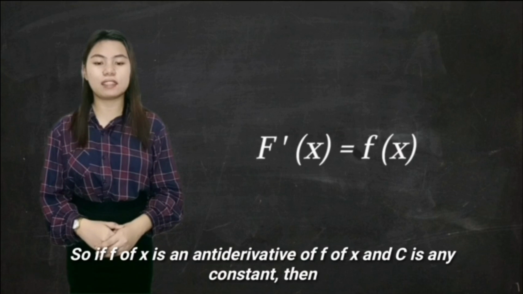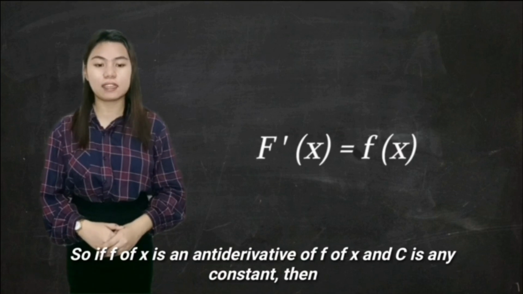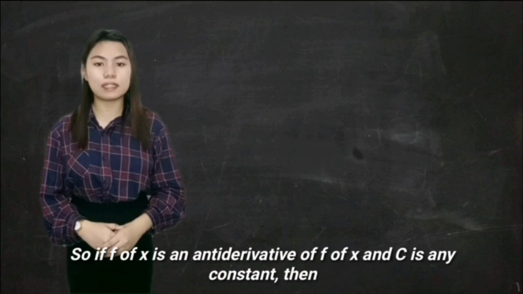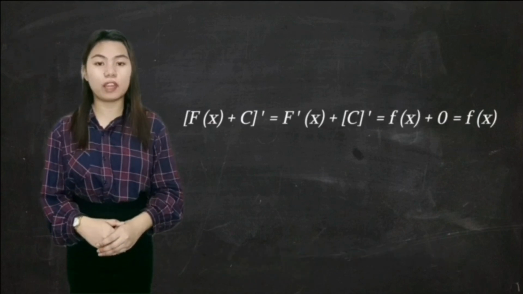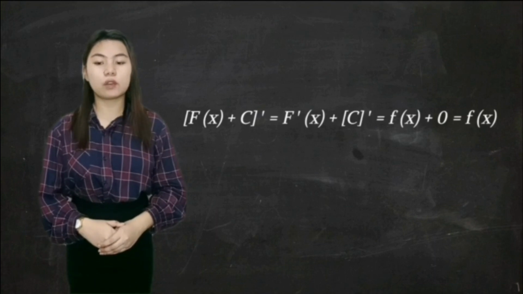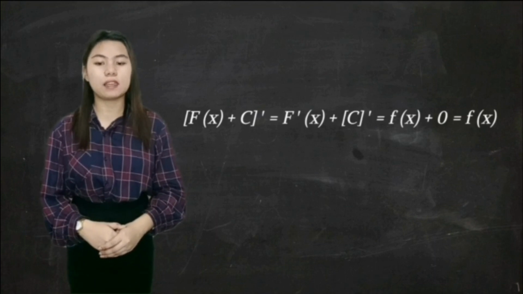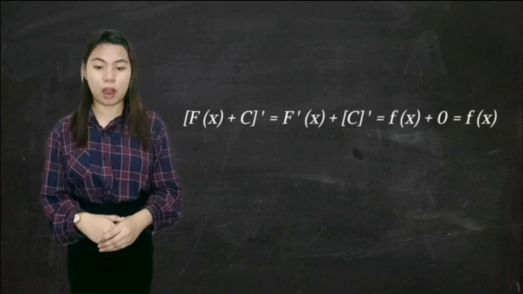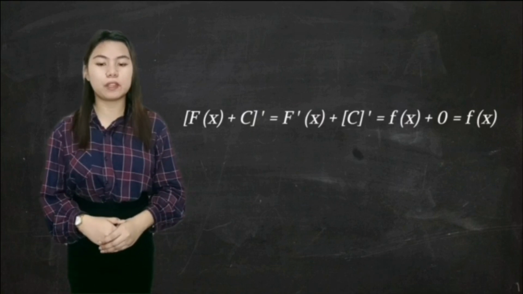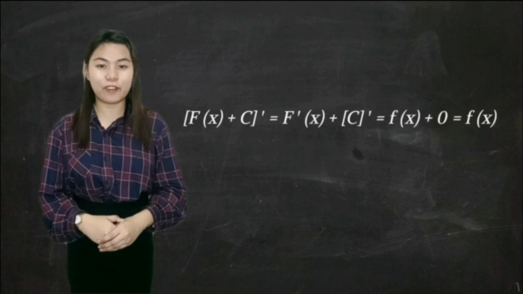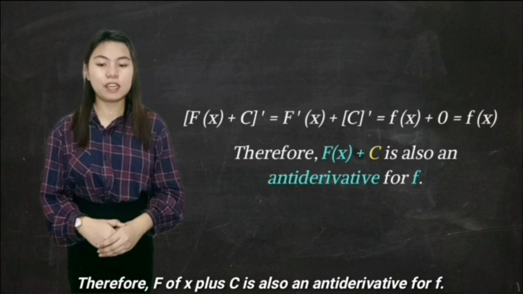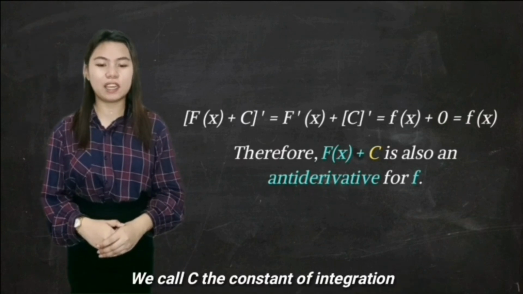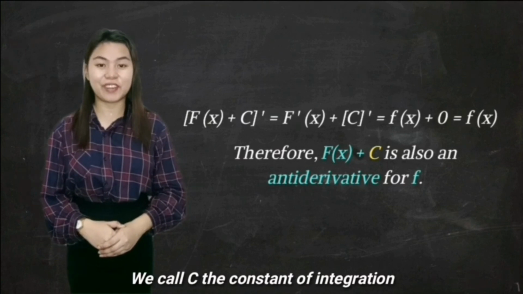So if F of x is an antiderivative of f of x, and c is any constant, then F of x plus c, prime, is equal to F prime of x plus c prime, which is equal to f of x plus 0, which is equal to f of x. Therefore, F of x plus c is also an antiderivative of f. We call c the constant of integration.